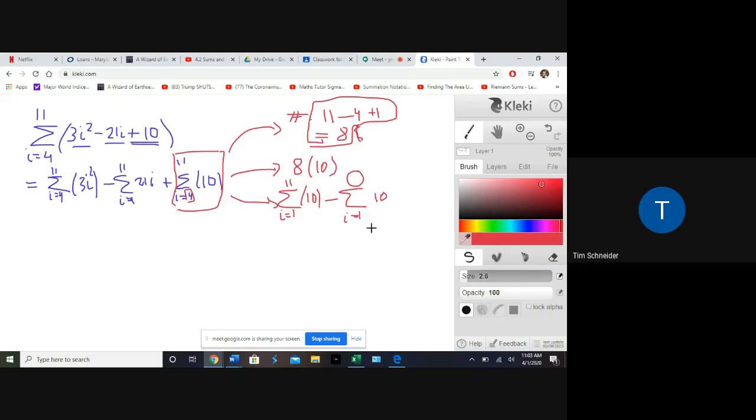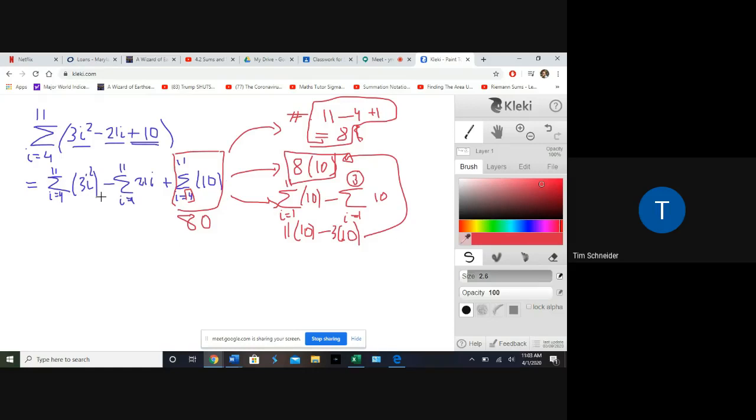Well, we would have to take away 1, 2, and 3. So as you can see, this is 11 times 10 minus 3 times 10. In other words, 8 times 10. Okay, so all of this is just 80. Well, that was simple. Ish.